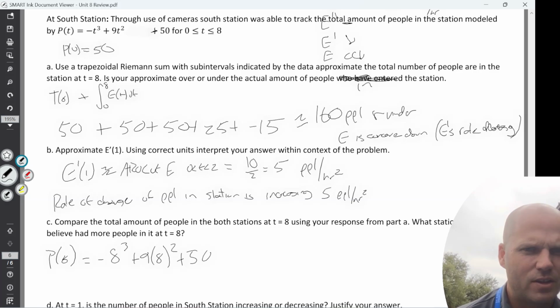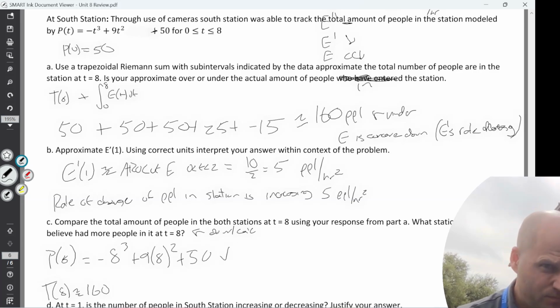I don't know what that amount is. This is not something I would do with a calculator. But this is the amount of people in the South Station, and then we approximated the total amount of people in North Station was 160. I think this guy is gonna win.